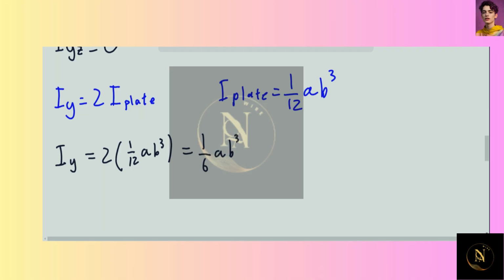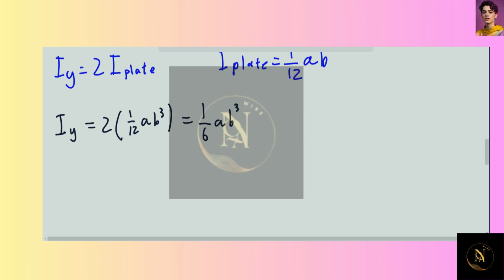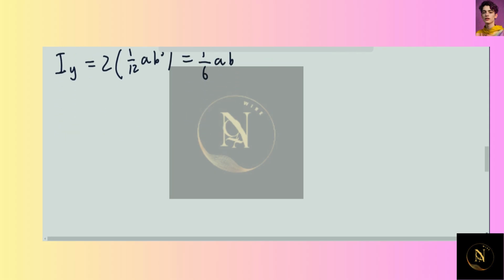So now we're going to find what the mass moment of inertia is in the xy plane. So this is going to be equal to the mass density rho times I of xy.